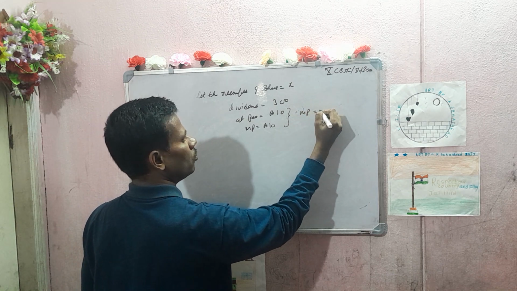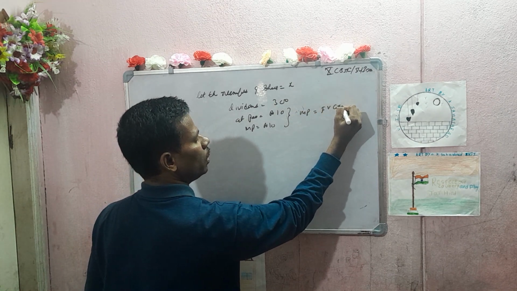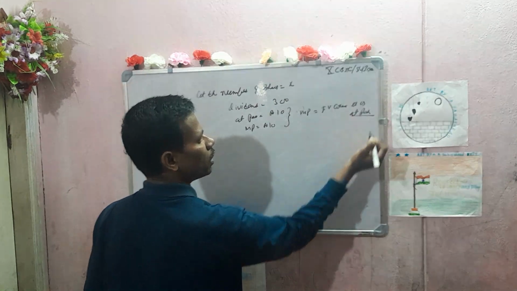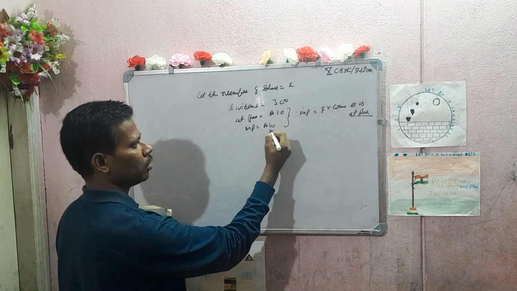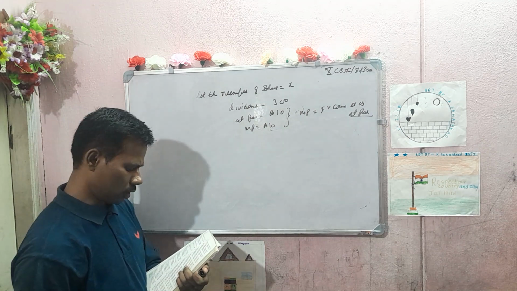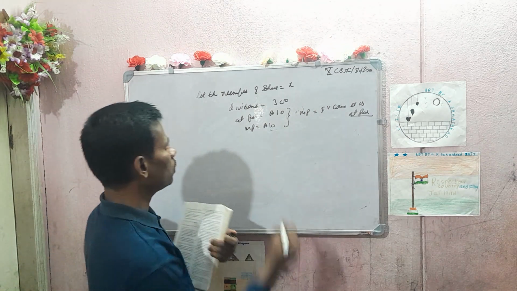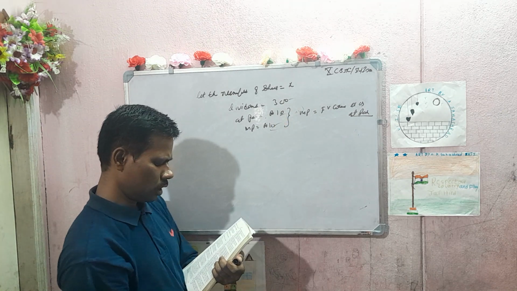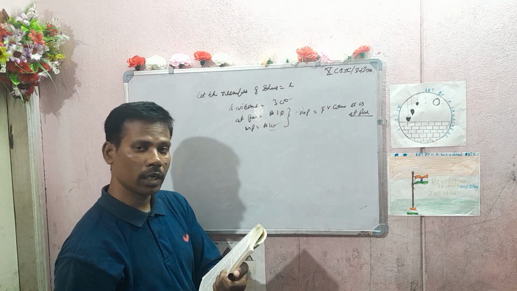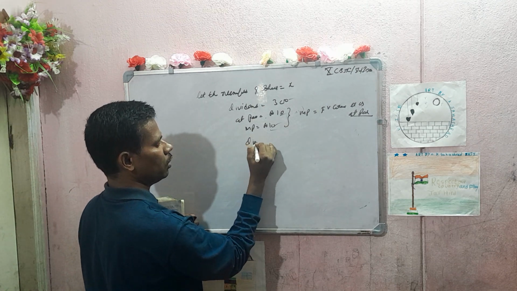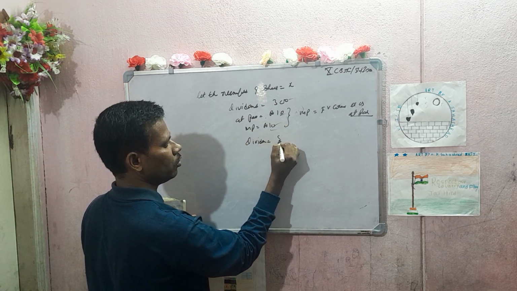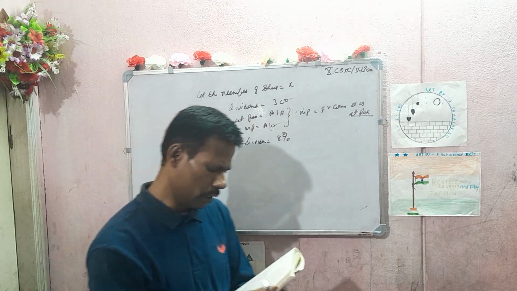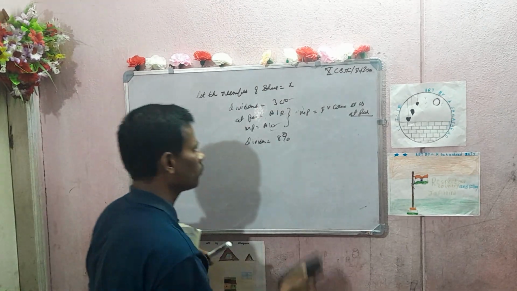Market price is equal to face value when it is at par. Underline this word, at par. So market price also we know. Next, yielding 8% dividend at the end of the year. Dividend is equal to 8% given.